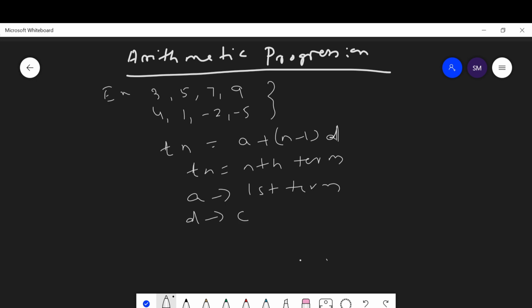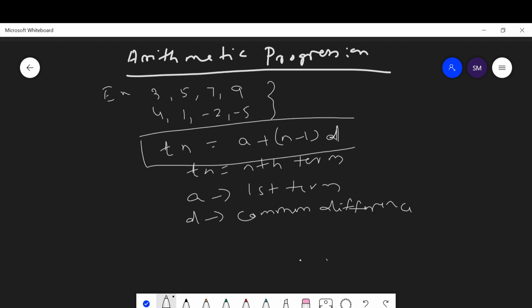Then the sum of the first n terms of the AP is Sn.